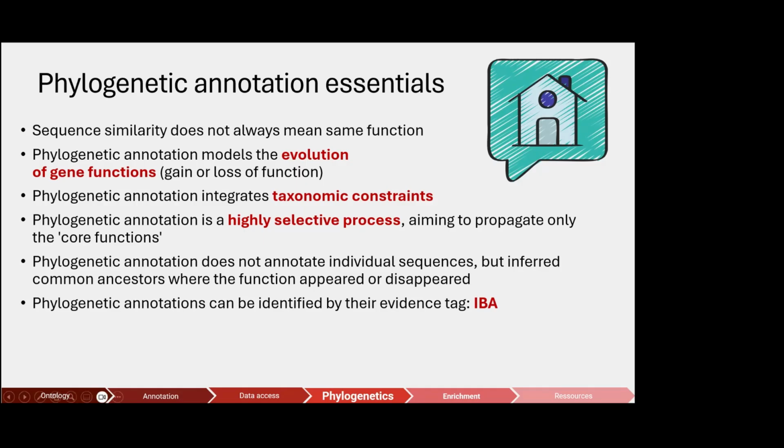If you want to make an evolution of the function, you need first to define what is the clear function of the tree. And as I told you, we are not annotating individual sequences, we annotate ancestors. And also, do not forget, we have our specific tag IBA. This is important when you make searches like enrichment. We will see this a little bit later, but it's really important to know how to find our terms.